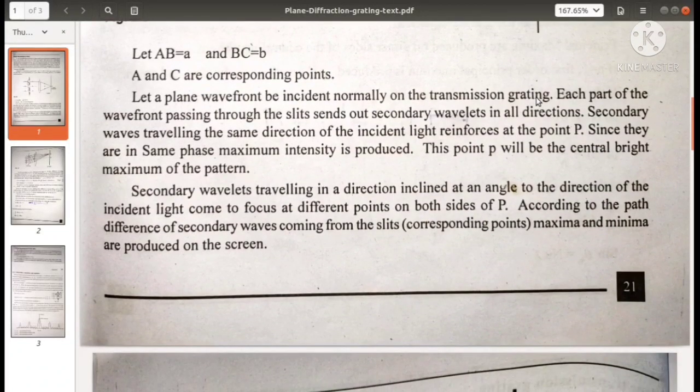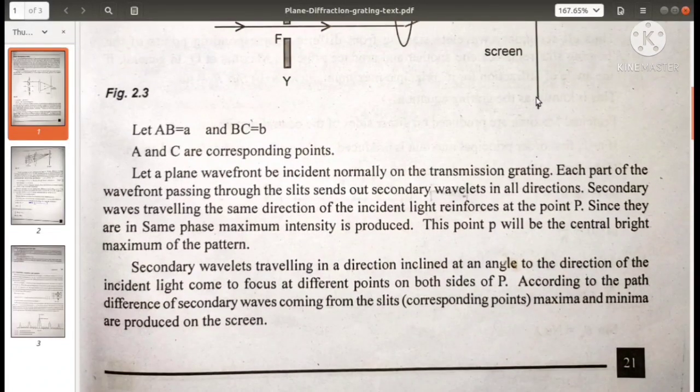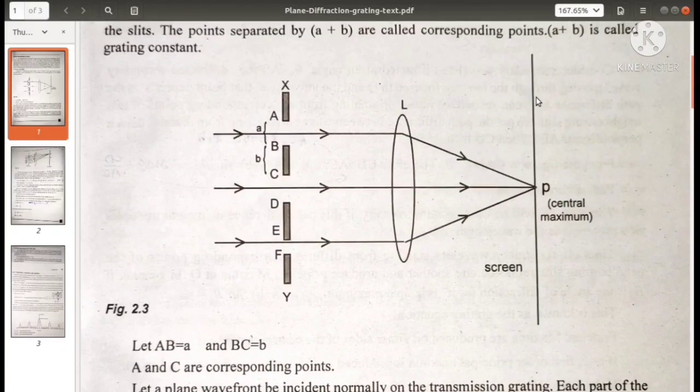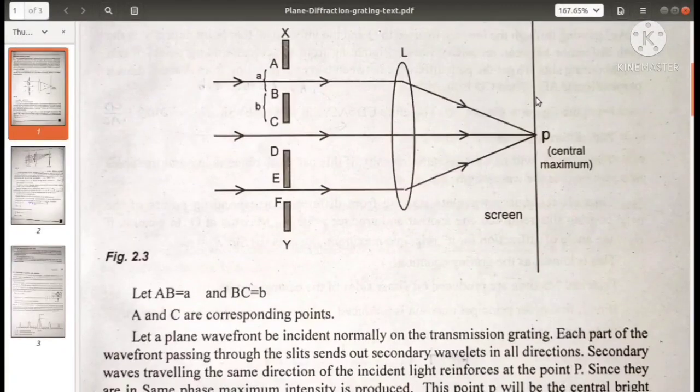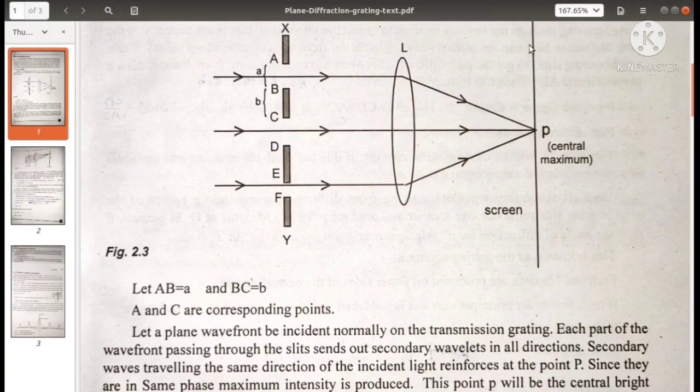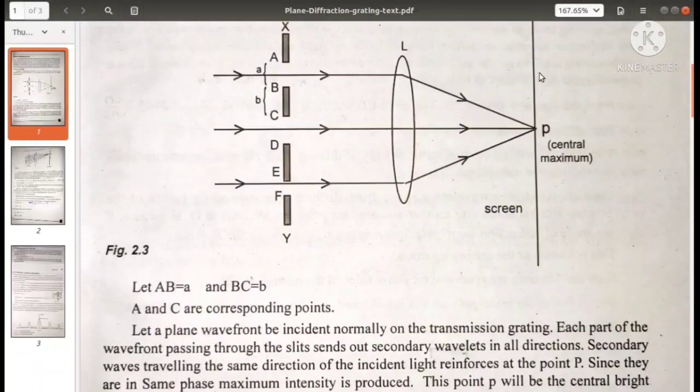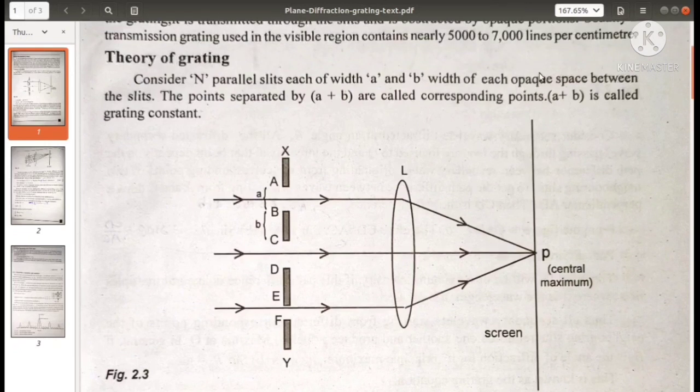Now we can get other maxima of different orders on either side of P, according to the condition on the path difference of the light reaching there.